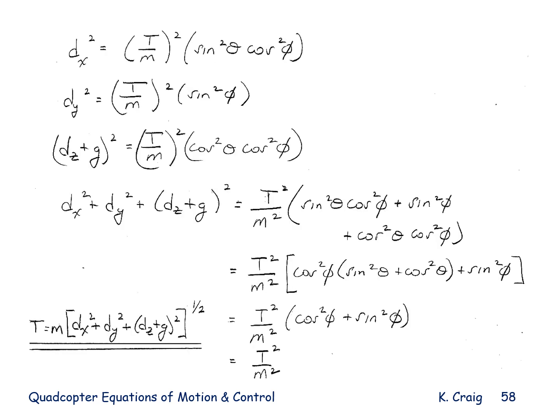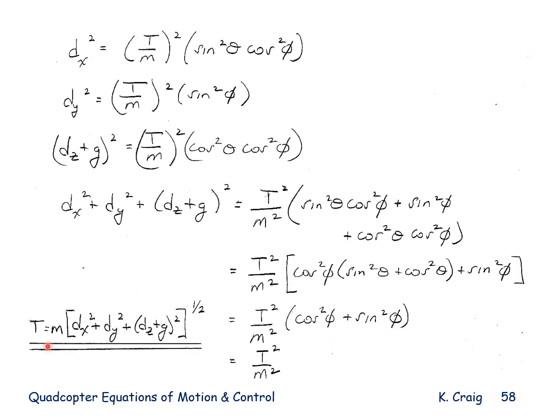Another useful result is obtained by squaring d_x, squaring d_y, squaring the quantity d_z plus g, and adding them together. If I add them together, I get T squared over m squared times this expression. This expression can be simplified and eventually equals 1.